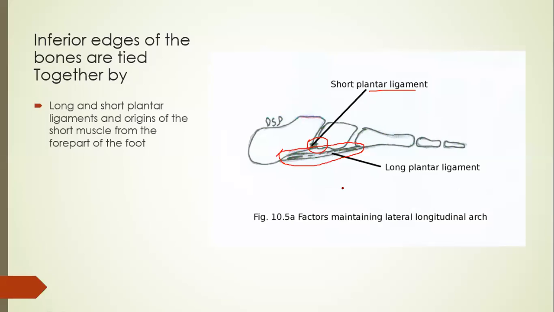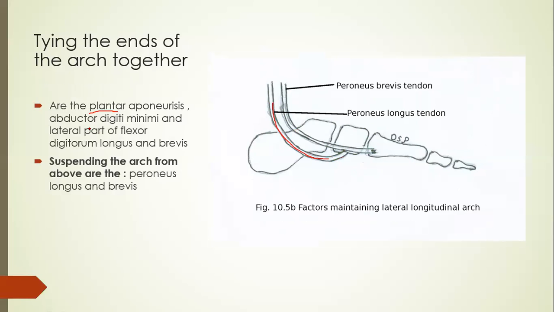They are bound by these. Now the structures that bind it are the plantar aponeurosis, adductor digiti minimi and the lateral part of the flexor digitorum longus and brevis.